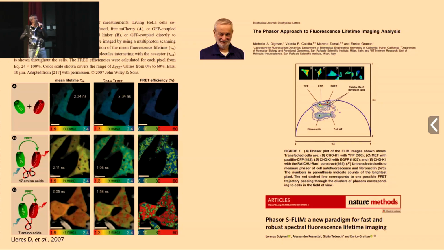So this was the classical analysis. It can be done by two different techniques, either by looking at the photon content, the time-correlated photon counting approach, or by looking at the phase shift in the light.